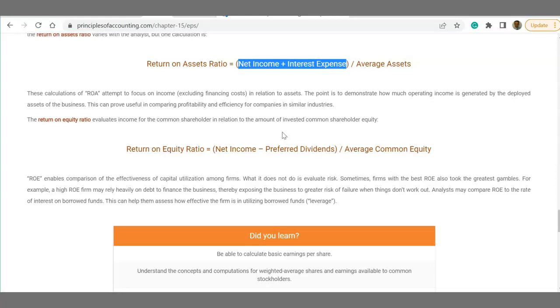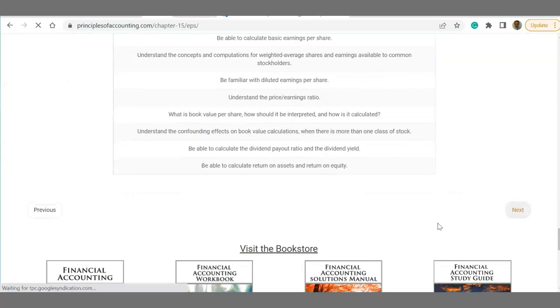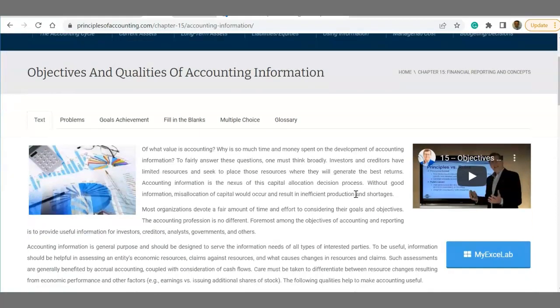And they see how much the return is compared to every $1 of equity. That gives you the return on equity ratio. So you have return on asset and return on equity. Either one of them can be used as a profitability ratio, and you can do both of them just to be sure and see the whole picture.